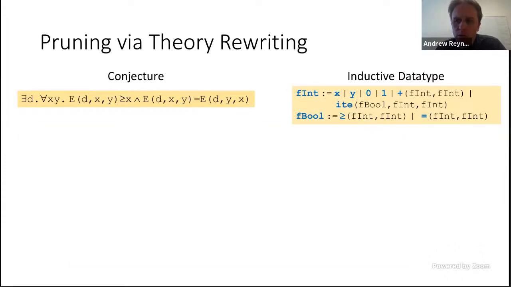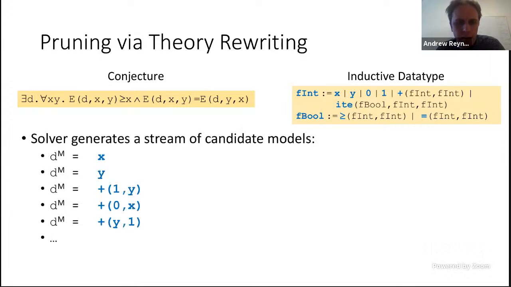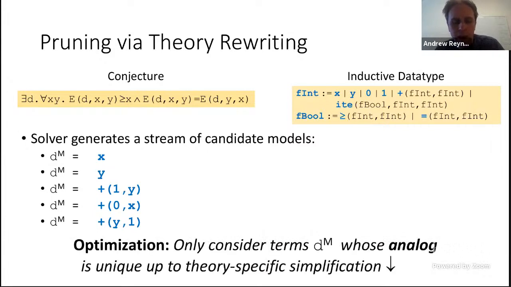When you do any sort of enumerative approach, it's very important to consider search space pruning. Again, the solver is going to generate a stream of candidate models for D, shown here. The most important optimization is to only consider terms whose analog is unique up to theory-specific simplification.